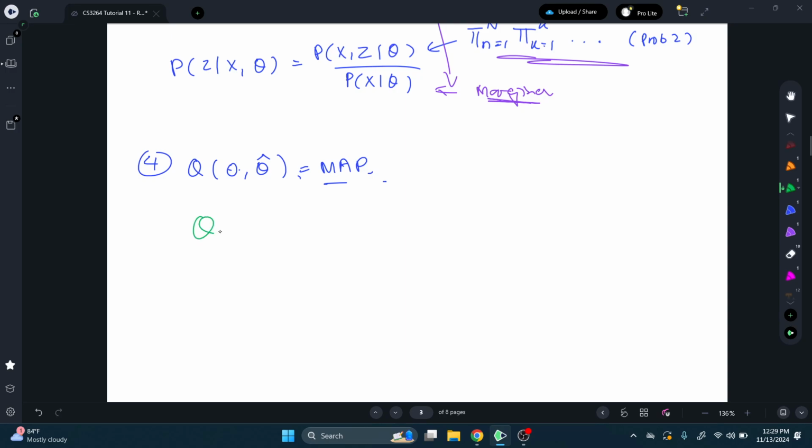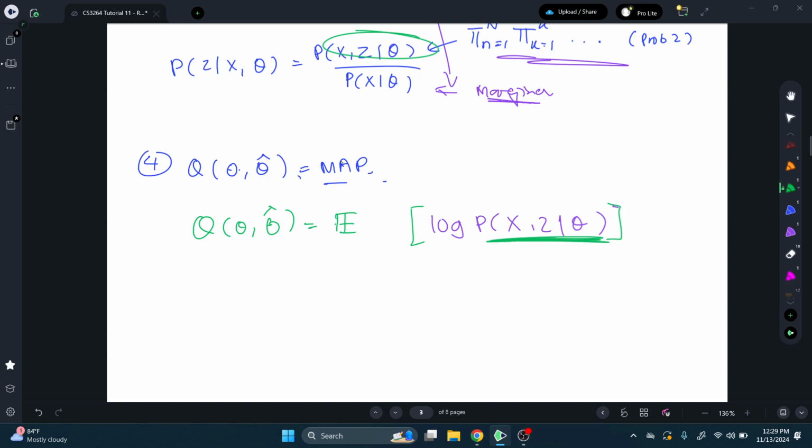Then you will notice that this q of theta and theta hat is going to be some expectation of the log of p of x, z given theta. This part is essentially the denominator here. So what you are trying to do is find the expected value of the log of this p of x, z. That is what you are going to find.